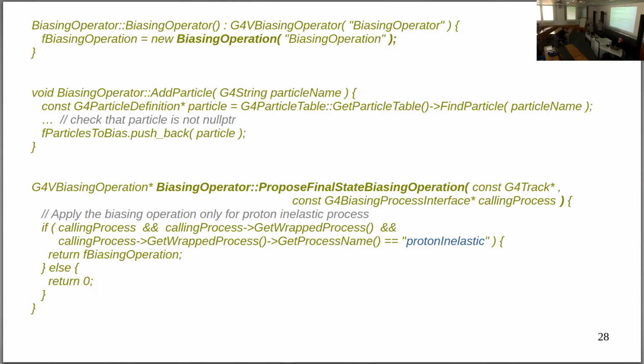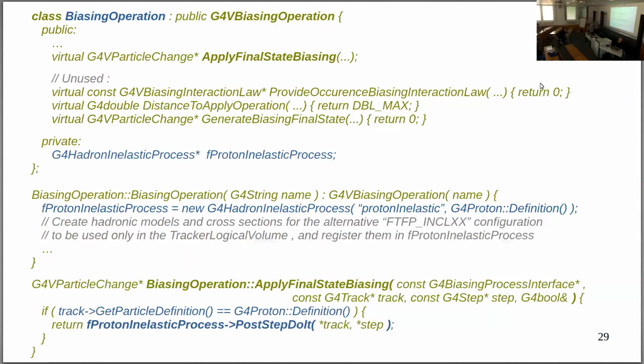And our biasing operation essentially defines, you will see now, here in the constructor, an inelastic process for proton where we give the INCL models instead.